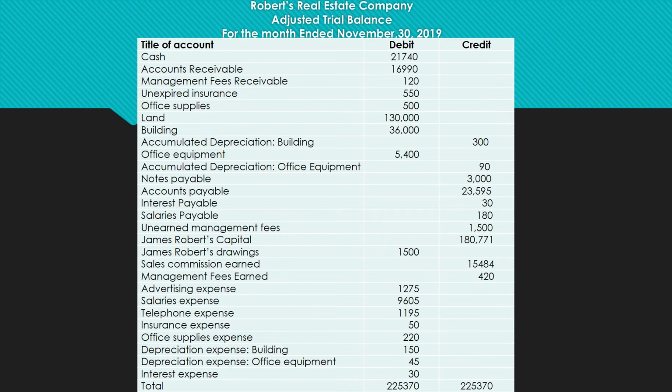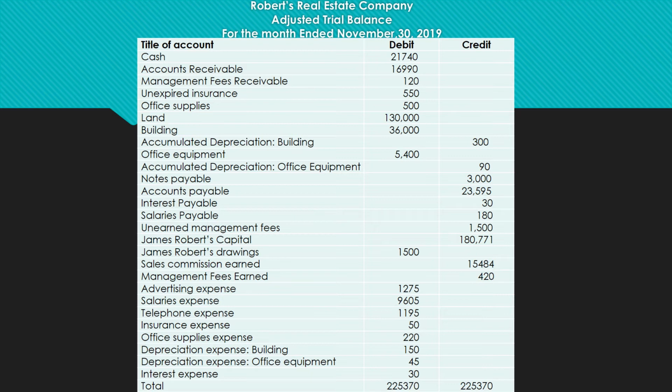Now then, there was unexpired insurance. In the trial balance before adjustments, there was unexpired insurance of 600. Now out of that 600 unexpired insurance, insurance of 50 rupees expired in the month of November. Now the balance at the end of November in the unexpired insurance account remains 550.